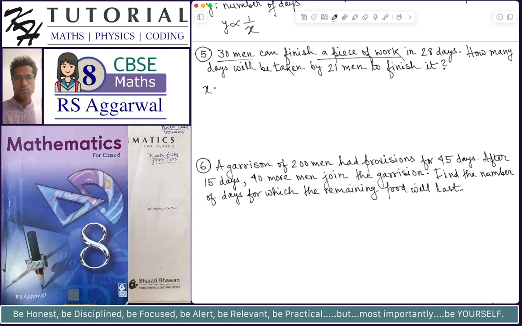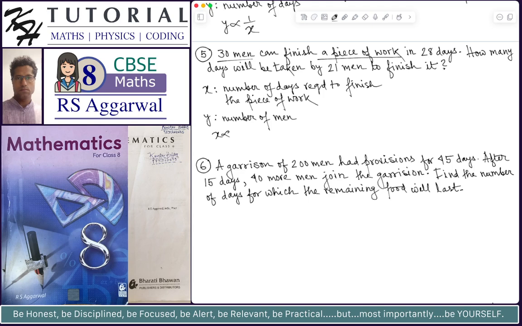So if I consider x as the number of days required to finish the piece of work, and the quantity y to be the number of men working on the piece of work, we can say that the more the number of men, the fewer days will be required.